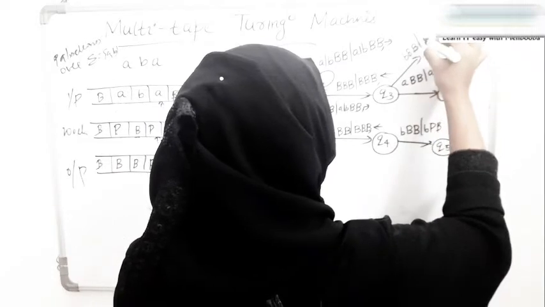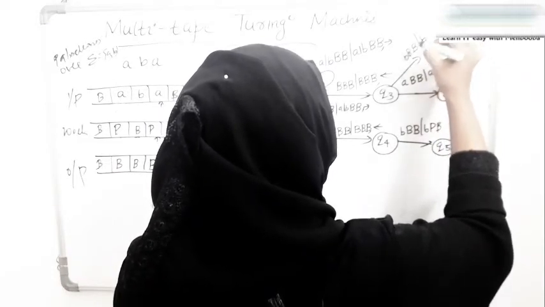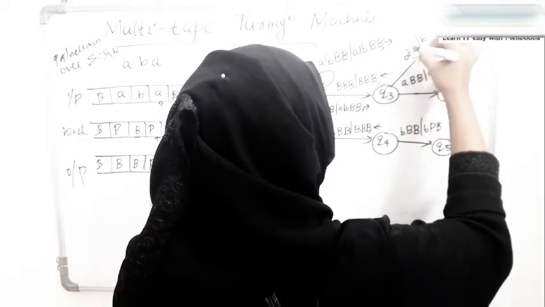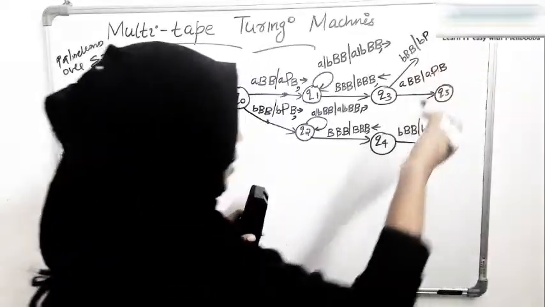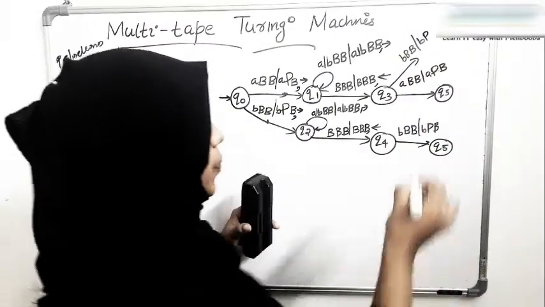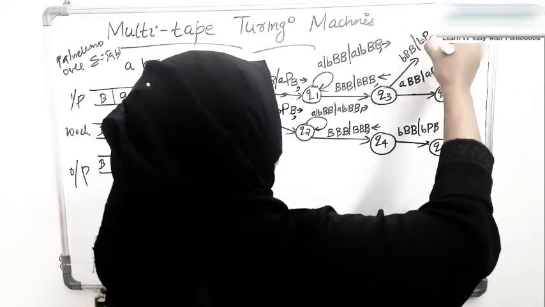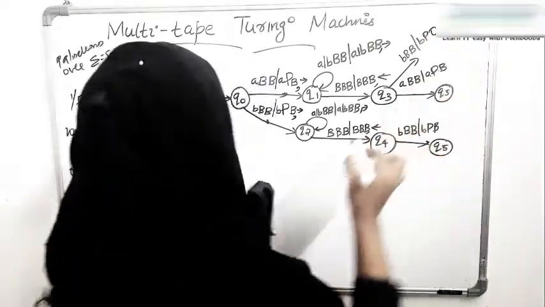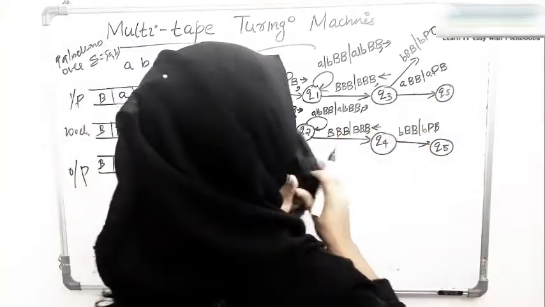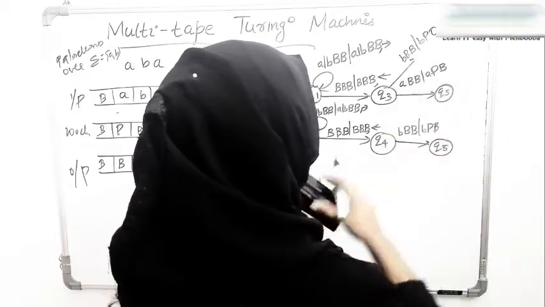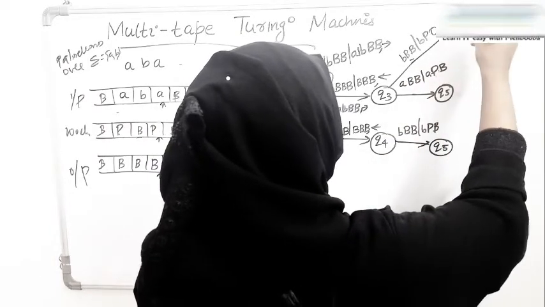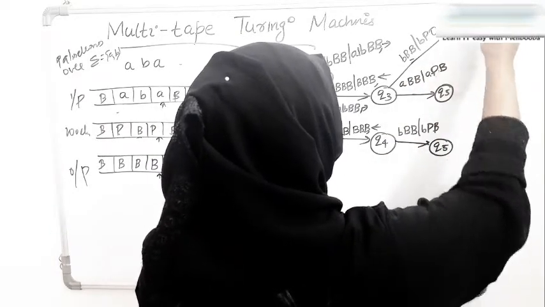You can leave the B as it is, convert this B into P to indicate that B has been processed, and write 0 in the last tape to indicate that this is not a palindrome. Now you can move on to some reject state, QR.